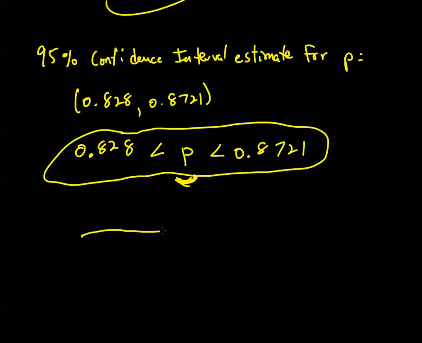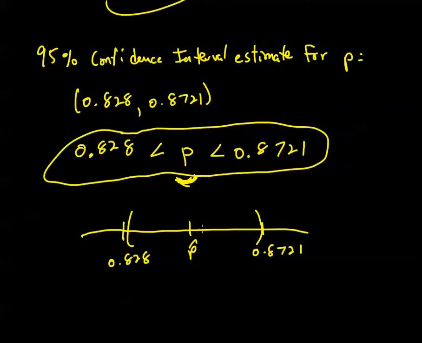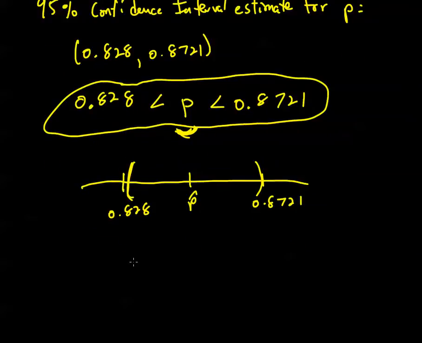And again, you could display this graphically as well. Of course, this confidence interval estimate is centered around p hat by definition. The idea here is we've created a bucket which hopefully contains p. So this is our 95% confidence interval estimate for little p.